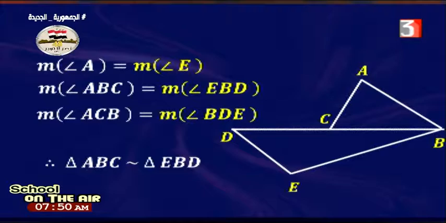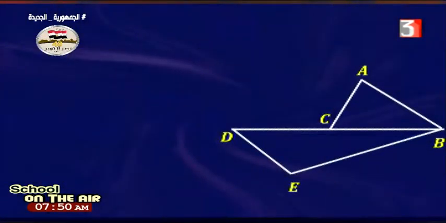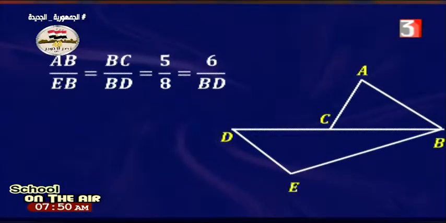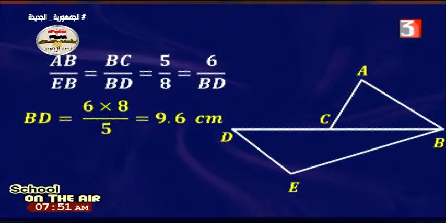Then you have two similar triangles, so corresponding sides are proportional. So we can say that AB over EB equals BC over BD, which is 5 over 8 equals 6 over BD. By making cross multiplication, you now can find the length of BD.